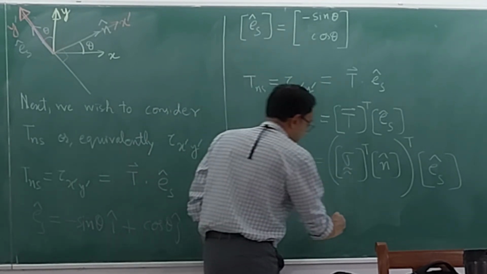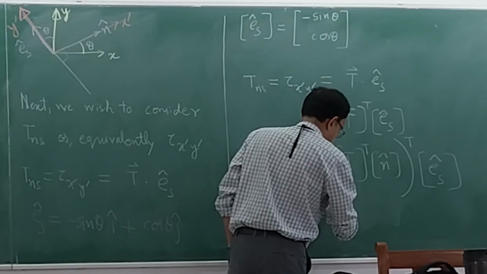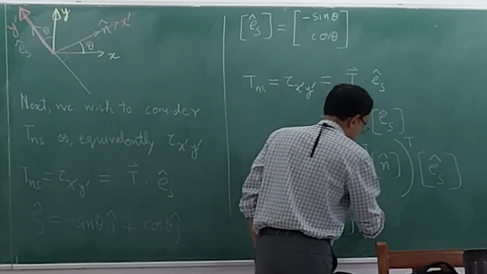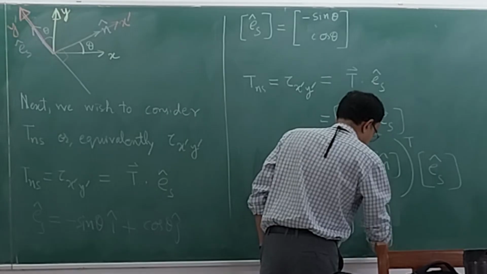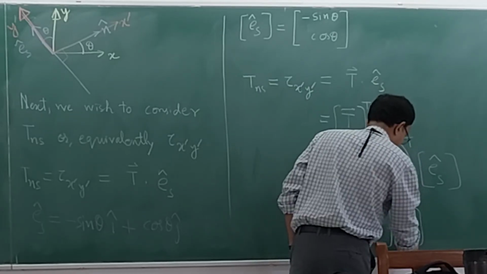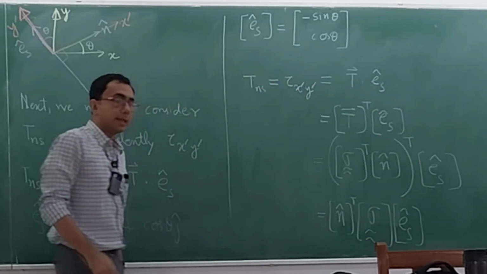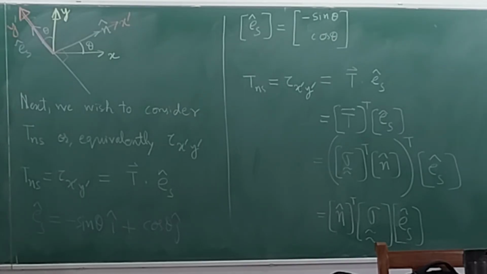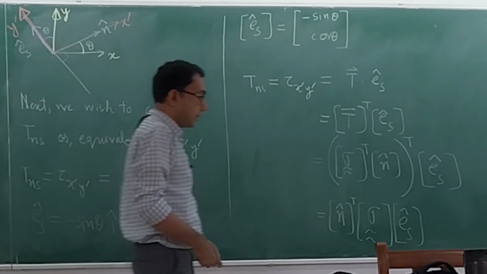Now this becomes n transpose sigma Es. So slightly different from the previous case where we had n transpose sigma n. Now we have n transpose sigma Es.